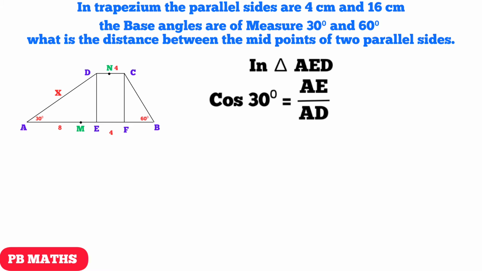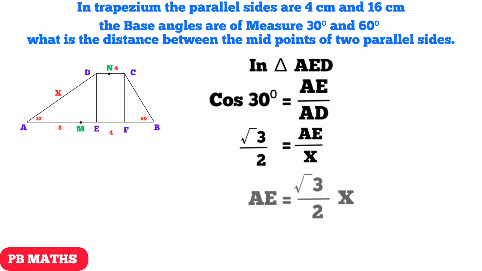So cos 30 degrees equals AE by AD. We know that cos 30 degrees equals square root of 3 divided by 2. So root 3 by 2 equals AE divided by x, where x is the length of AD. Then twice AE equals root 3 times x. Then the length of AE equals root 3 by 2 into x.